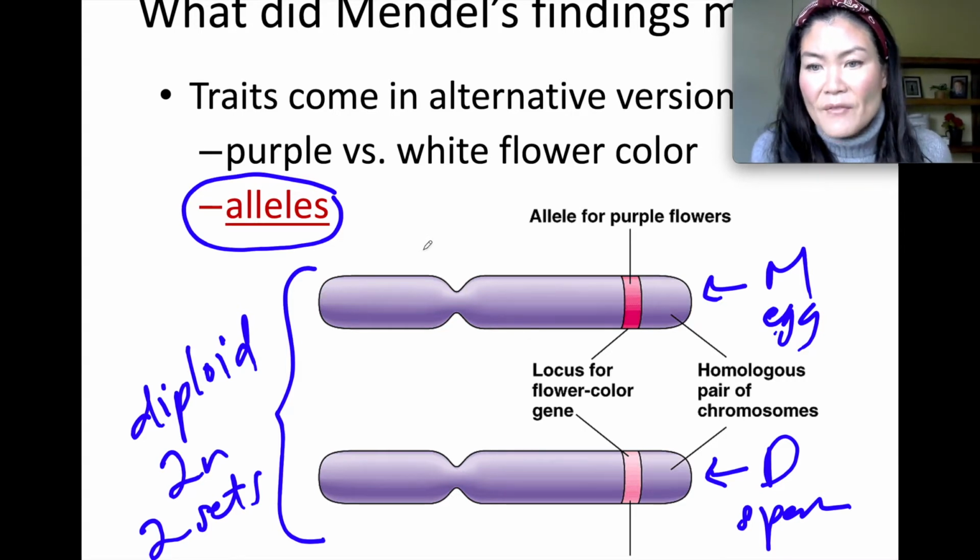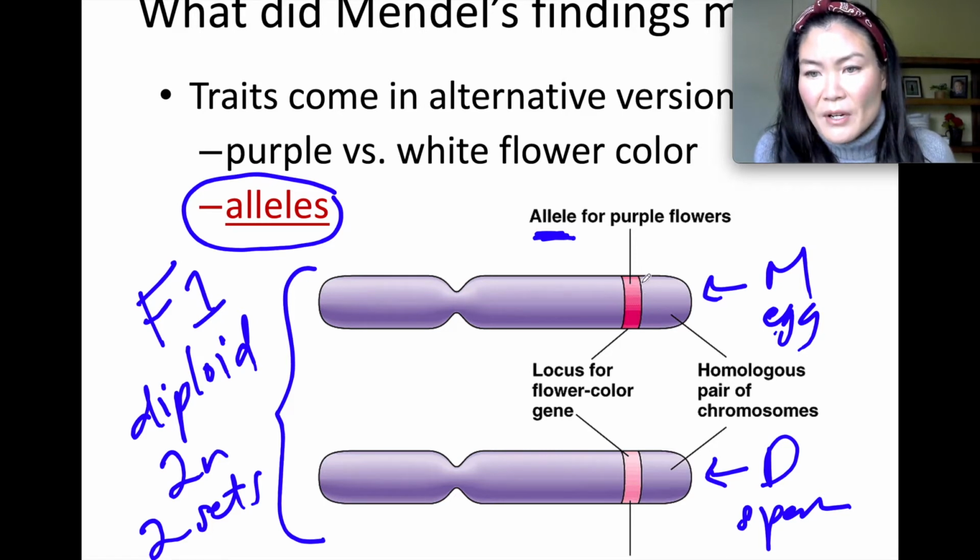They're going to have gametes. You have the egg, you have the sperm: the egg and the ovule, the sperm and the pollen grain. Okay, and so they're diploid. They're going to have 2 genes for every trait. So they're going to have 2 alleles for flower color. In this case, the F1 generation, they're hybrids.